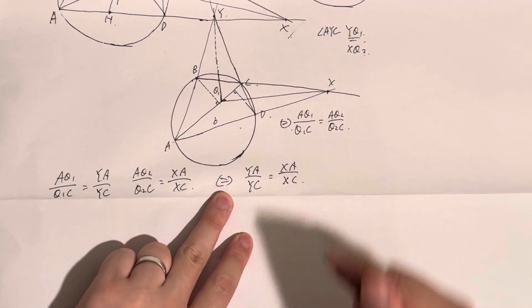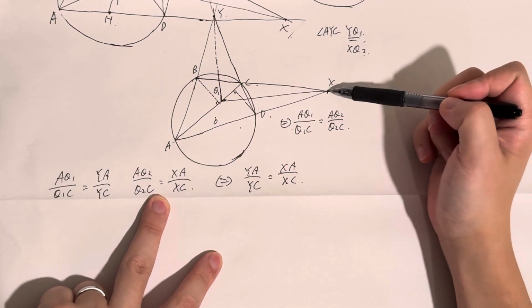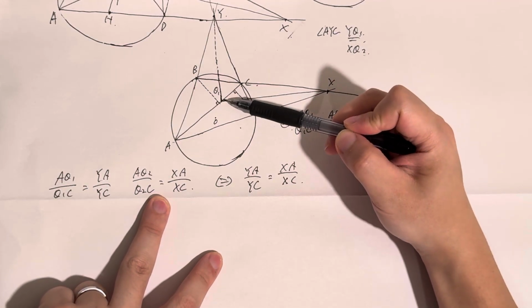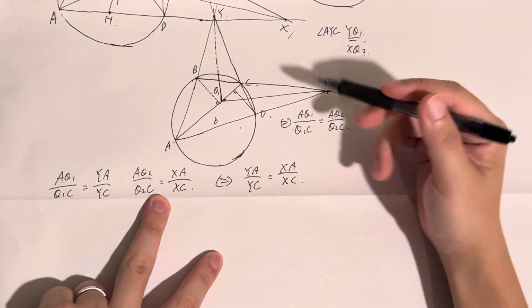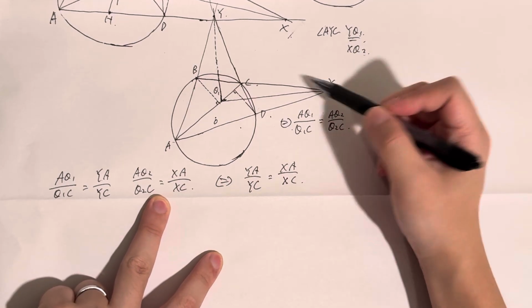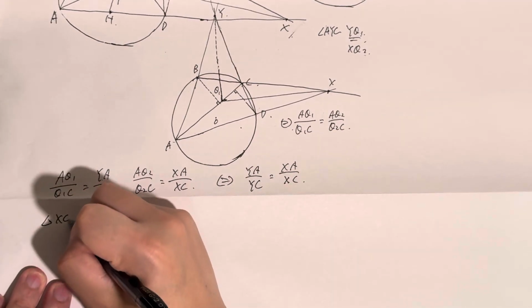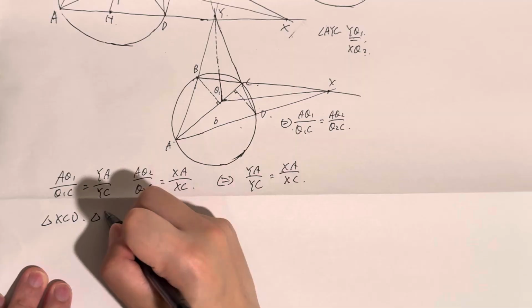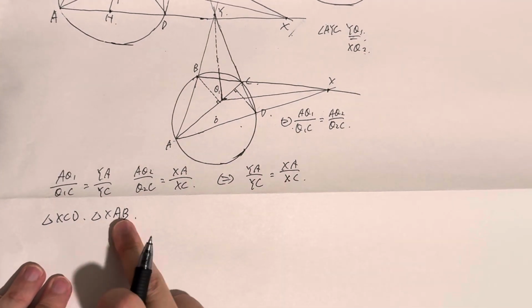Okay, now look at the triangle XCQ2 and the triangle, well, let's say this way. Look at the triangle XCD, okay? Triangle XCD and the triangle XAB. Look at these two triangles.